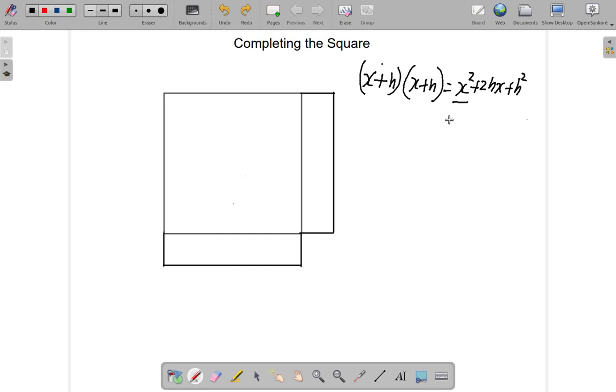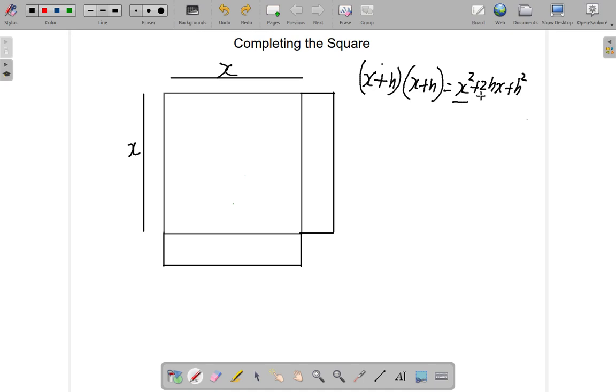Now let's concentrate on this. This x squared is the area of the square that you have inside here. So the height here and the width are both x and x.